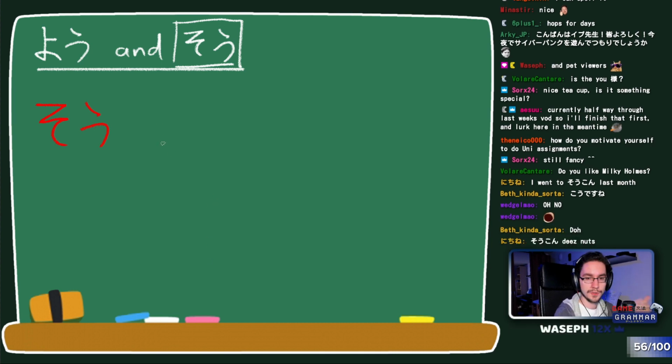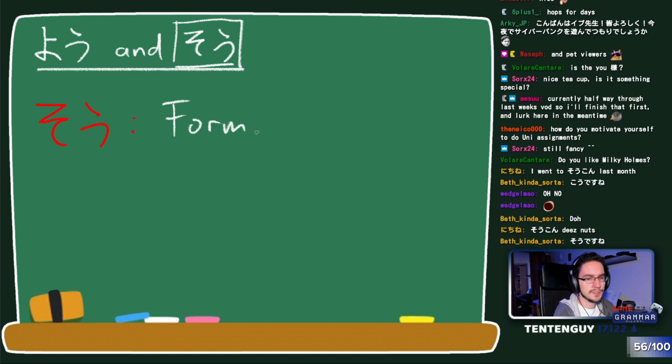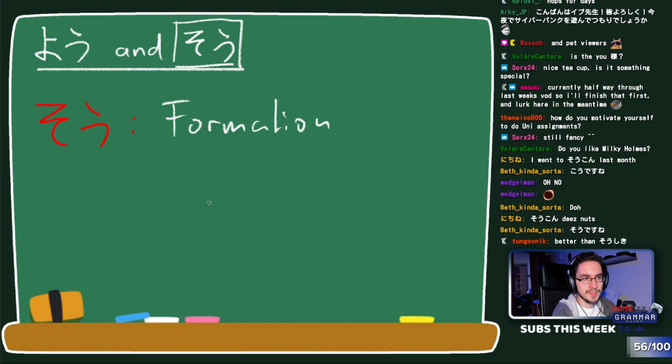Now, let's first talk about where you attach so, okay? Basically the formation, right? I actually haven't done this format in a while because we haven't talked about such strict grammatical concepts. Formation, generally places you attach so and how to attach so. It's fairly easy.